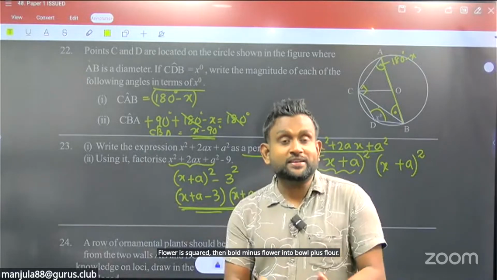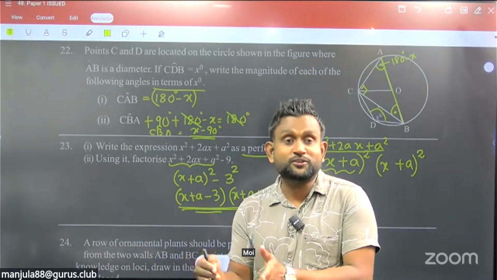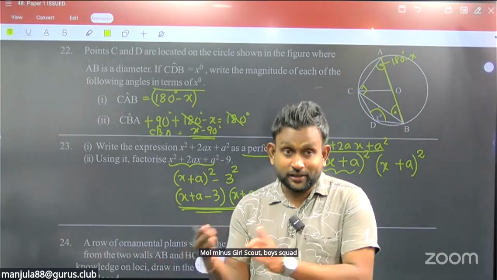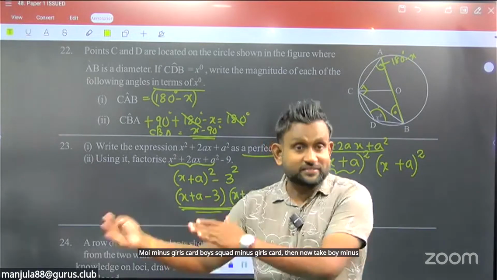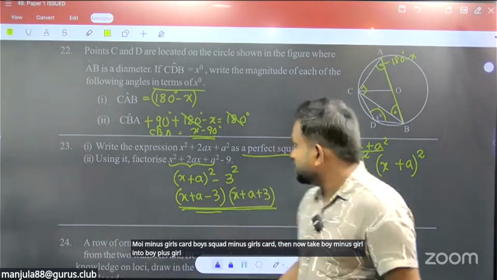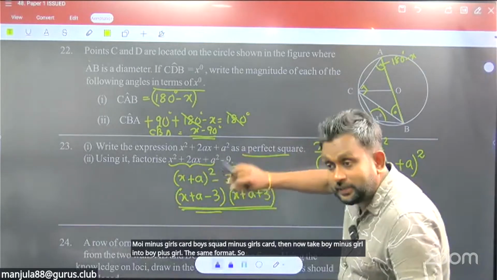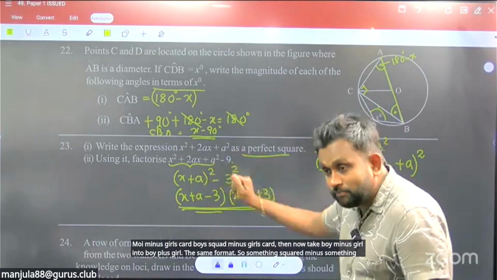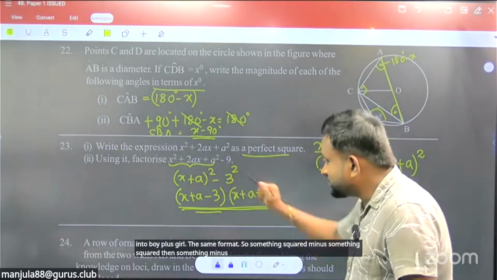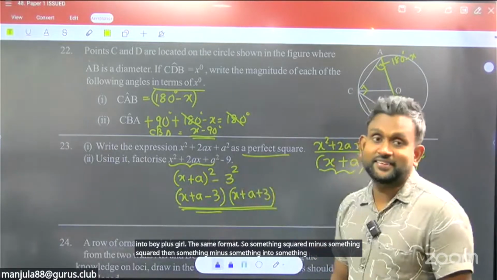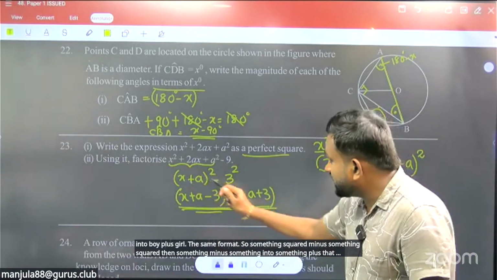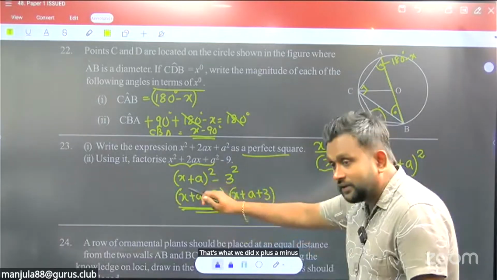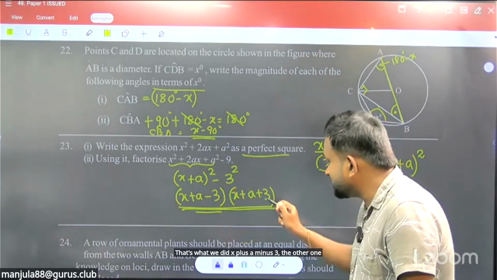Boy squared minus girl squared, then I would take (boy minus girl) into (boy plus girl). The same format. So something squared minus something squared, then (something minus something) into (something plus that something). That's what we did. (x plus a minus 3), the other one (x plus a plus 3), sign change.